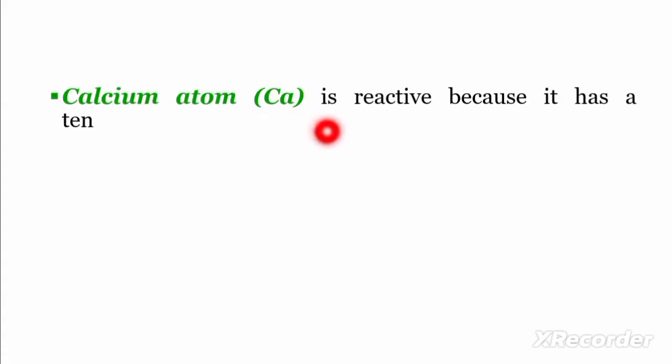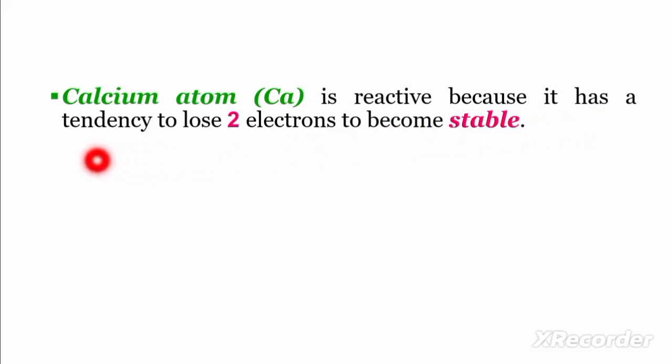Ladies and gentlemen, we need to remember that a calcium atom is reactive because it has a tendency to lose 2 electrons to become stable.